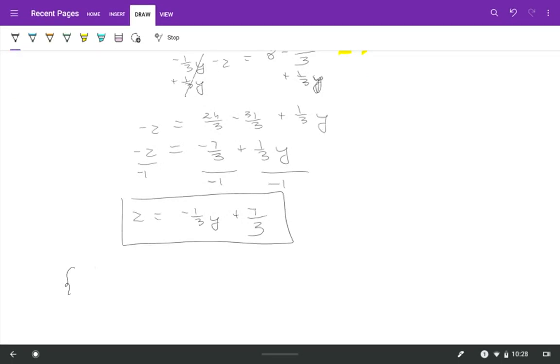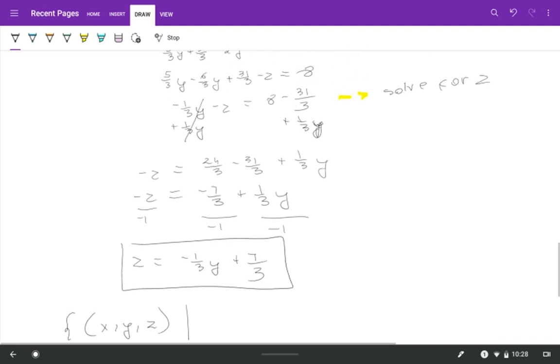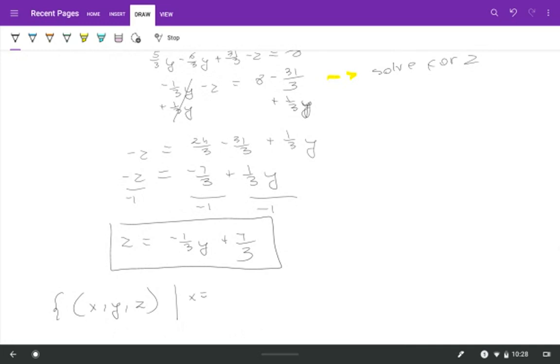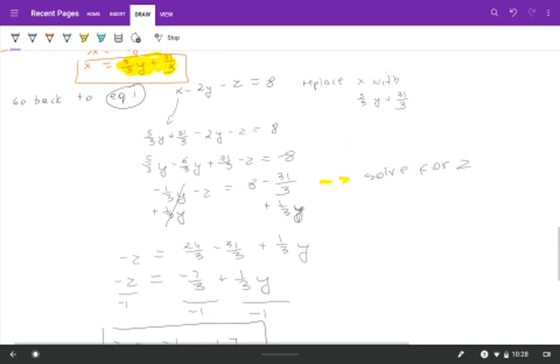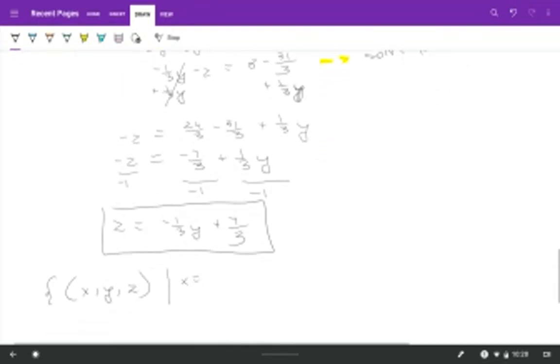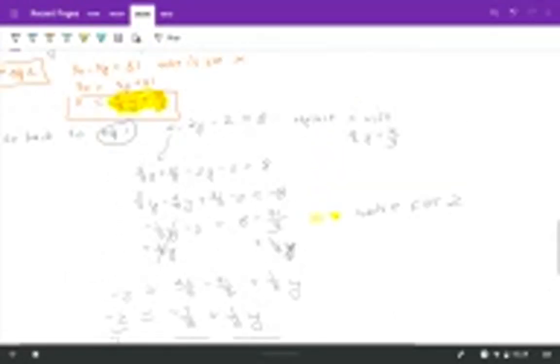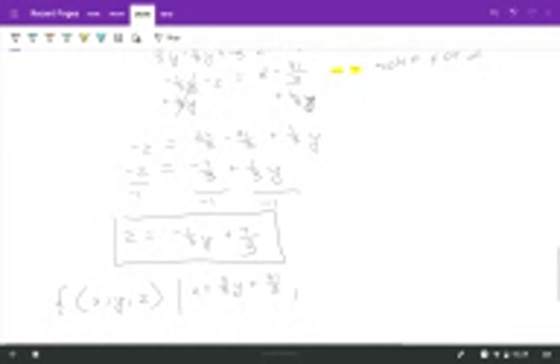The solution is x, y, z such that x is equal to 5 over 3y plus 31 over 3, z is equal to negative 1 over 3y plus 7 over 3, and y is any real number.